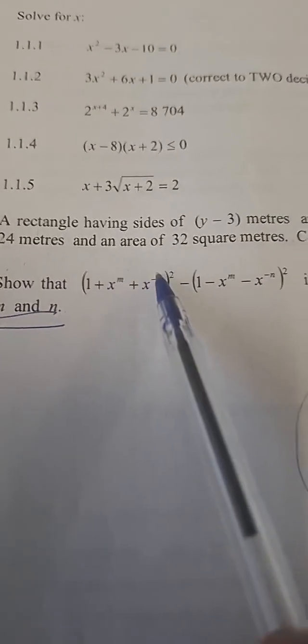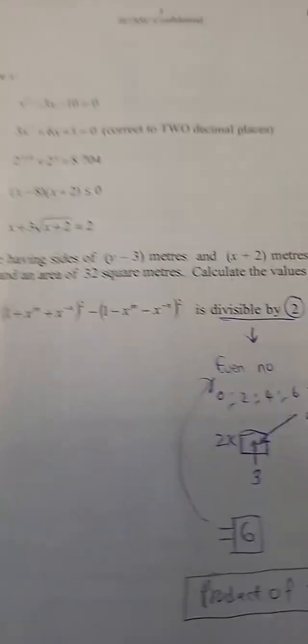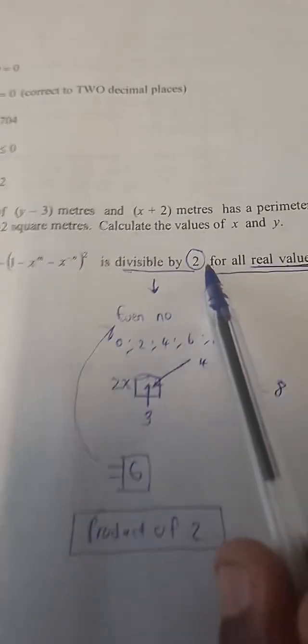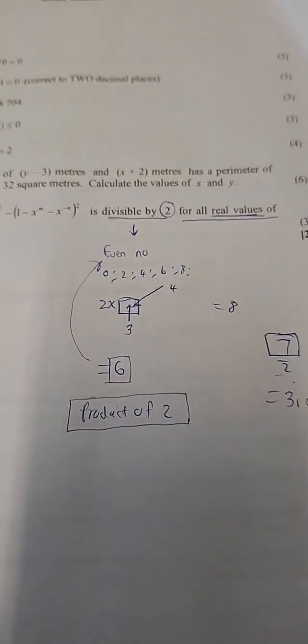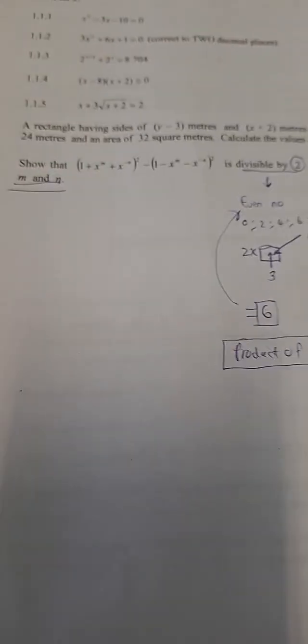Whatever number I substitute for m and n, any real number should ultimately lead to this whole entire thing being divisible by 2. In other words, when I divide that thing by 2, it should leave no remainder. I hope I've explained myself well.